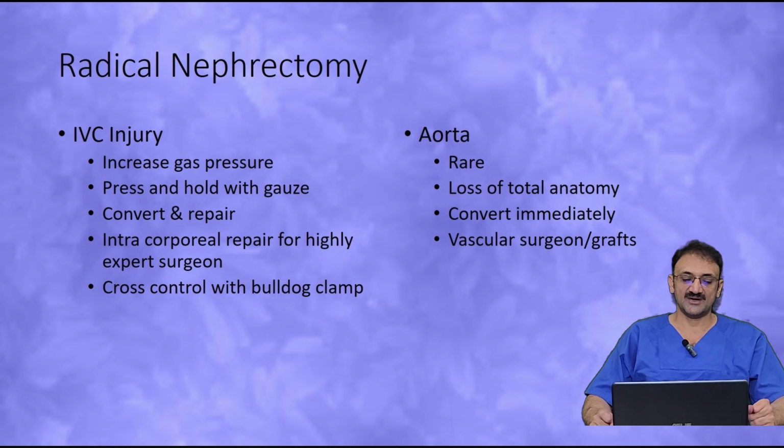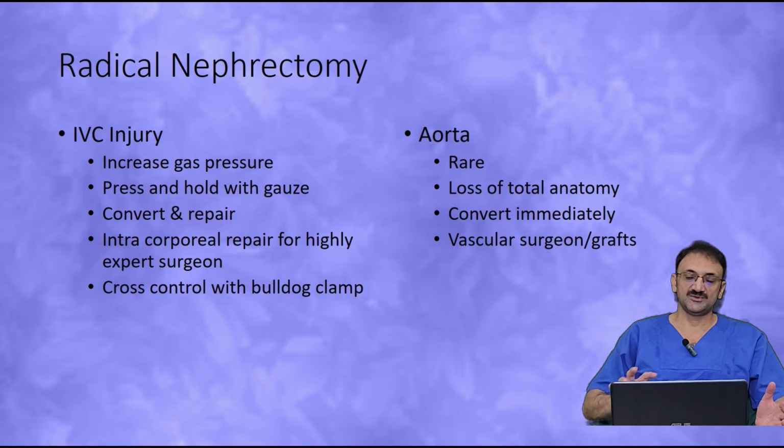Intracorporeal repair is for a highly expert surgeon. However, if you are not really experienced in suturing, and especially in managing the sutures of the vascular structures, you must think of involving a senior colleague, or you must think of converting it, and cross control all the IVC with the bulldog.